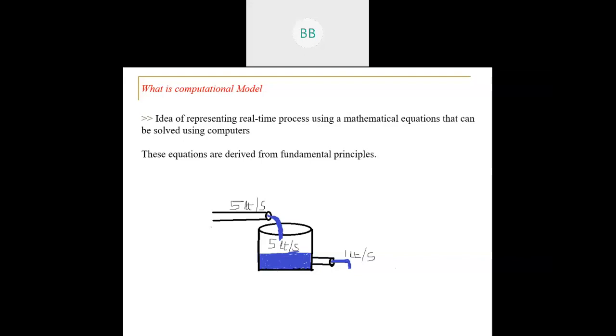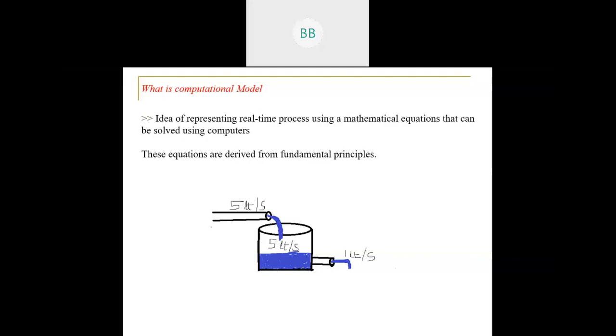Now we need to calculate the mass in the tank. Obviously, it is the difference between the water going into the tank and the water leaking out. That is, the water is going up at the rate of 4 liters per second.